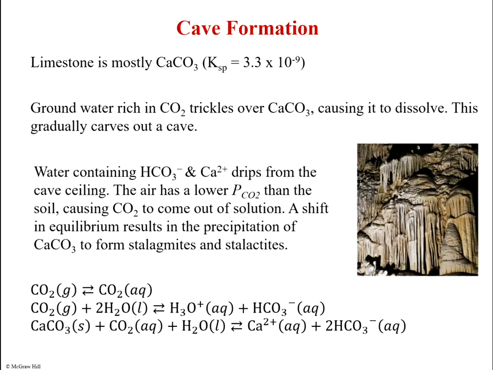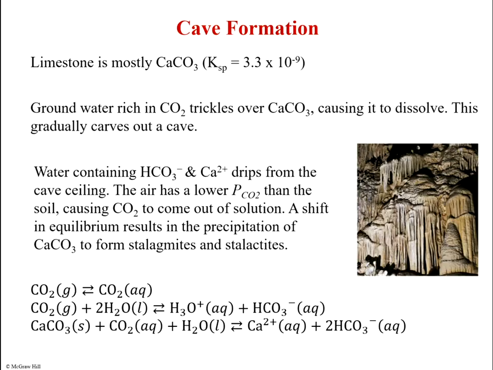And this is how stalagmites and stalactites are formed within caves. That is those long protrusions of solid material. The reaction is shown here. Carbon dioxide can dissolve in water, and that can form an acidic solution.